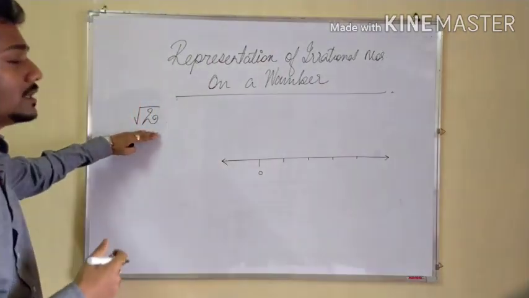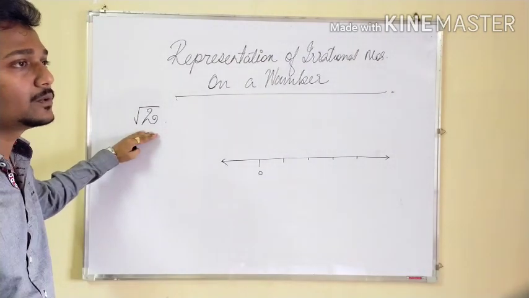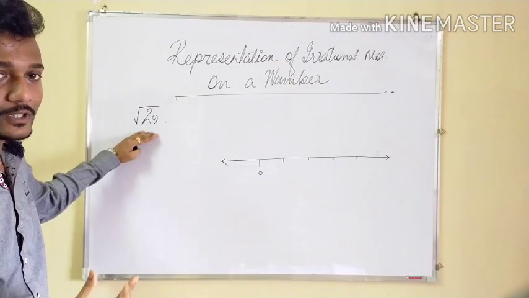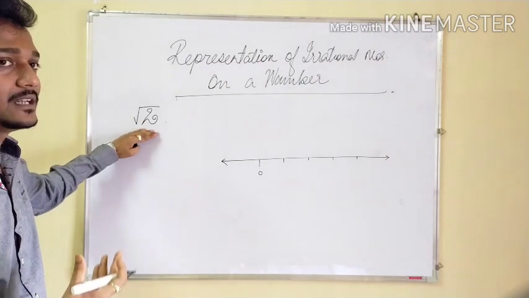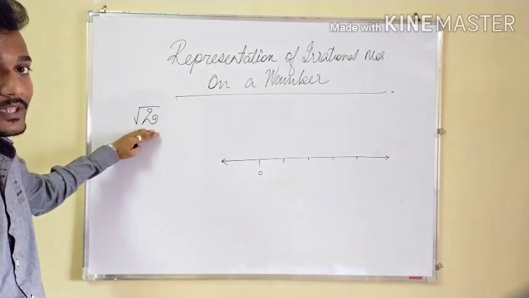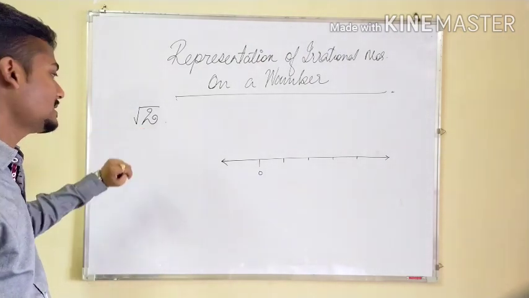Now if we convert root 2 in terms of decimal, what will we get? We will get a non-terminating, non-repeating decimal. Since it is non-terminating, non-repeating, therefore root 2 is an irrational number.